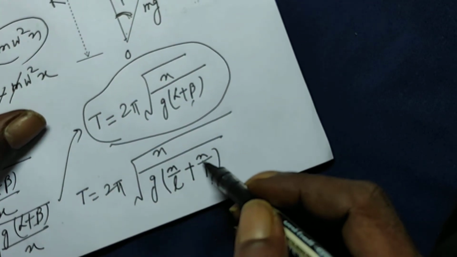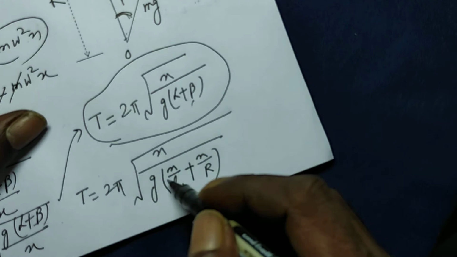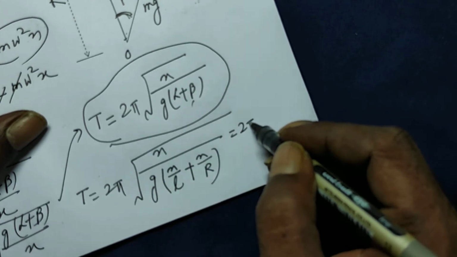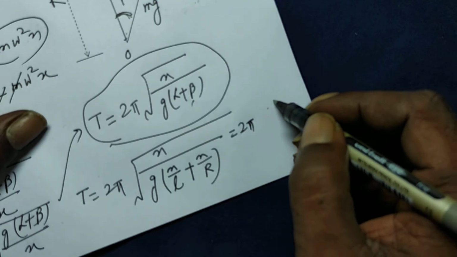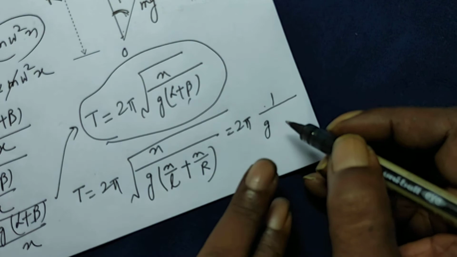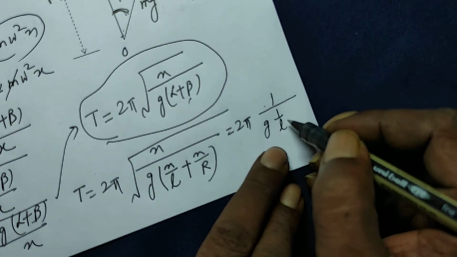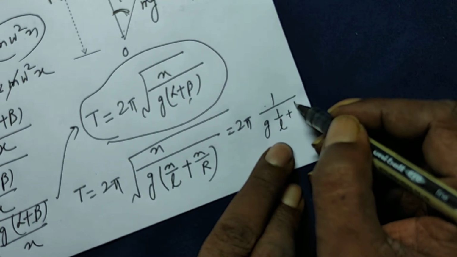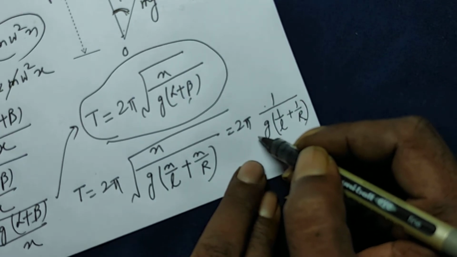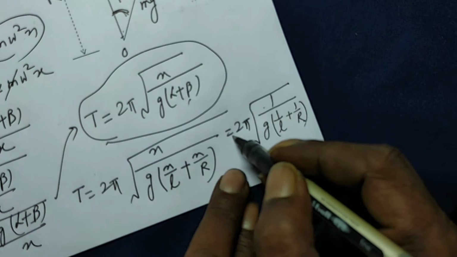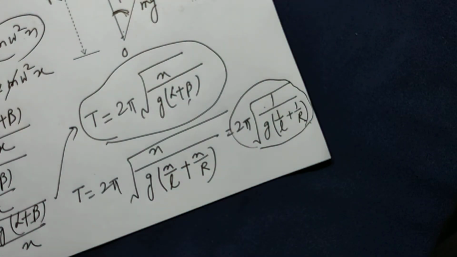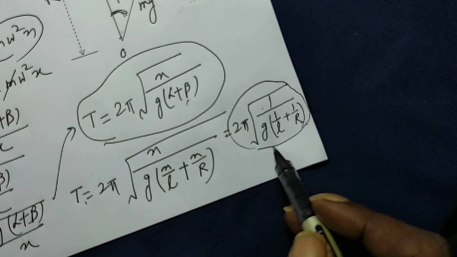Now if I take x common, it cancels with this x, so I am left with 2 pi times the square root of 1 over g times (1 over L plus 1 over r). So this is what I wanted to derive for you. So T is equal to this.